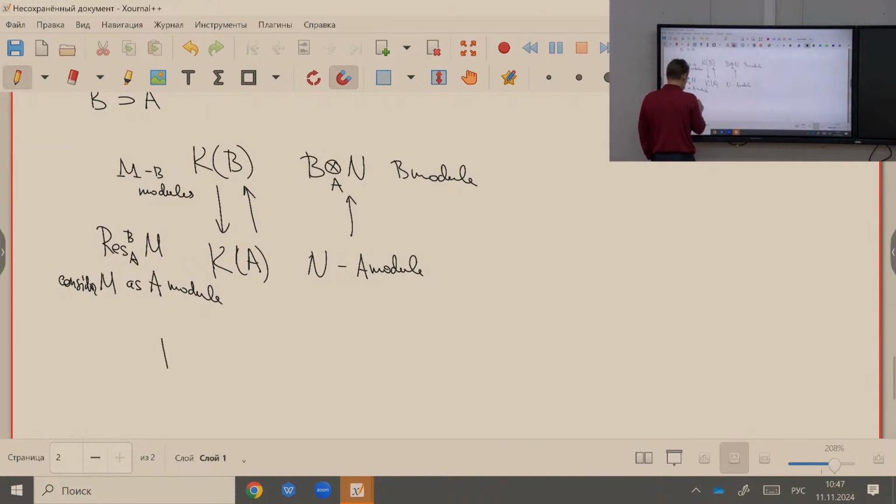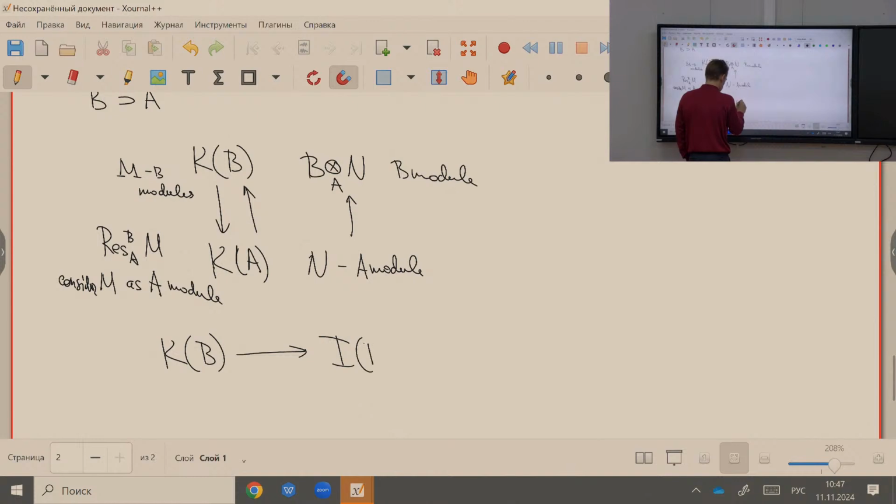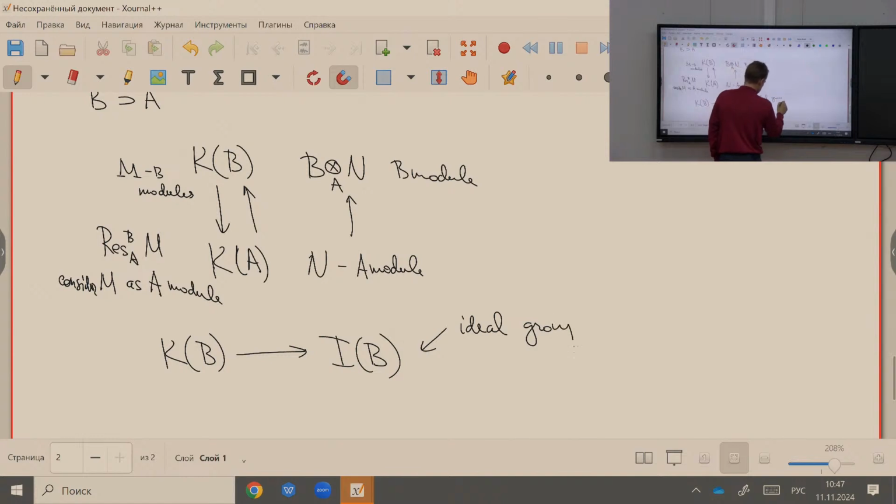And notice that here you also have a natural map to the ideal group, the group of fractional ideals.